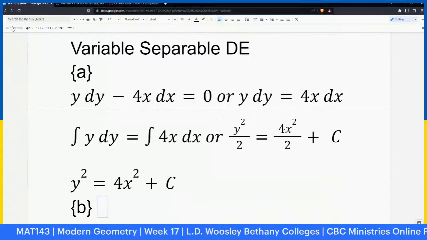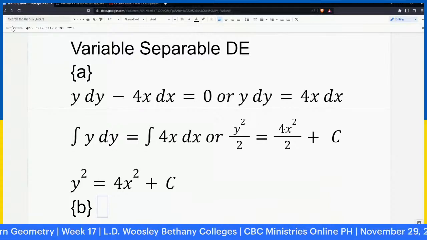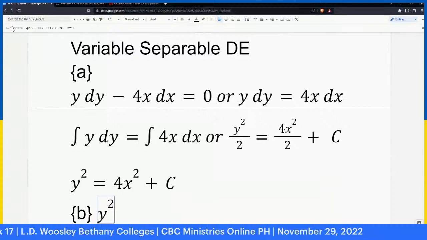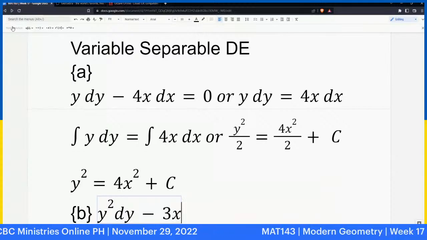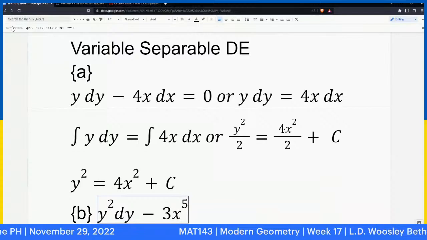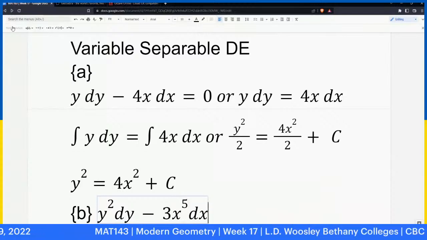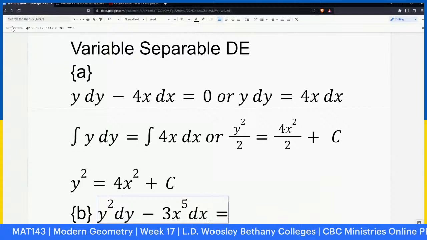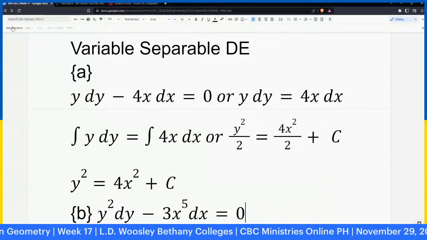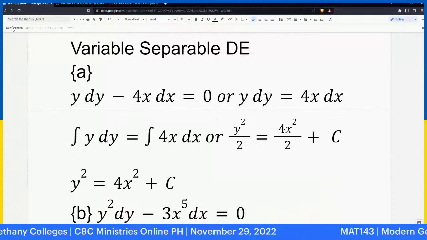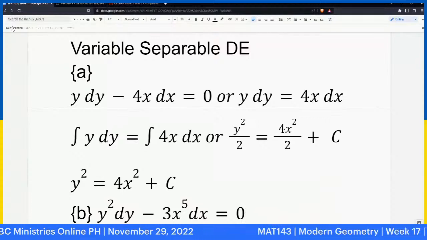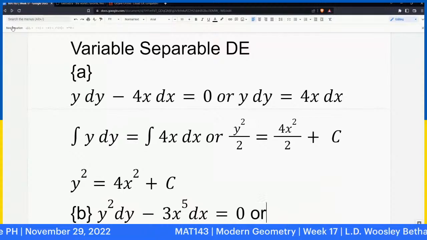Right, so we have here, so give me the, okay, rearrange first.